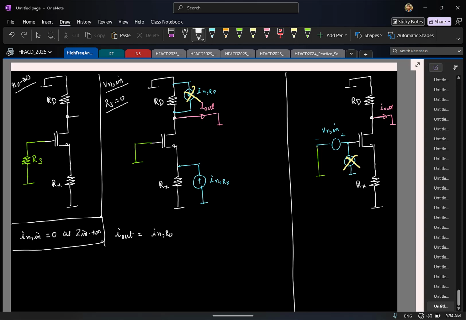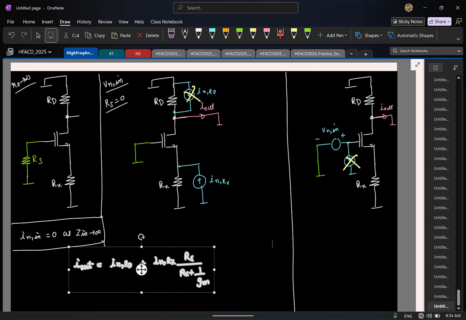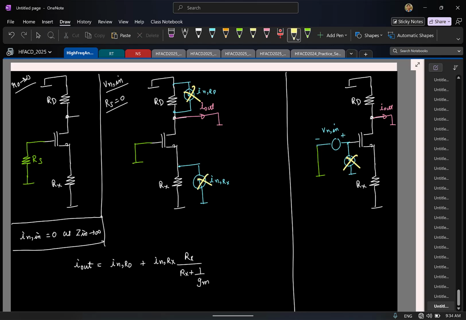So how much of the current will flow through the output? Yeah, Rx by Rx plus 1 by gm. Okay, current division. I am interested to find the current flowing into the impedance 1 by gm, so I will look at the other resistance, Rx by Rx plus 1 by gm. Okay, so this is done. So I will remove this.